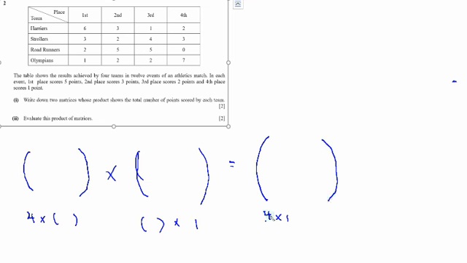Four times 1. So basically what we want to achieve is the Harrier, Stroller, Road Runner, Olympia. So there is only one column, and then there are 4 rows.